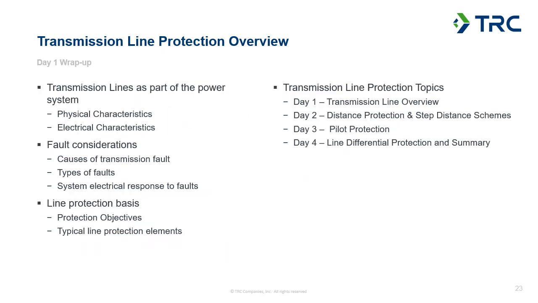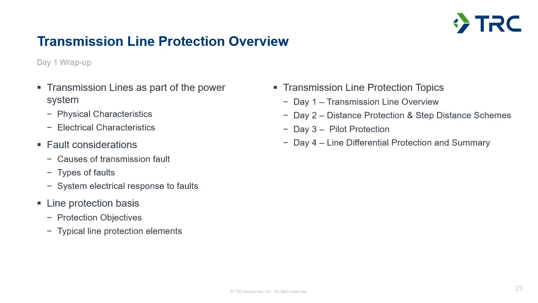All right, to wrap up day one, we covered transmission lines as part of the power system. We took a look at some of their physical characteristics as well as their electrical characteristics and what tools we use to model the transmission line electrically.